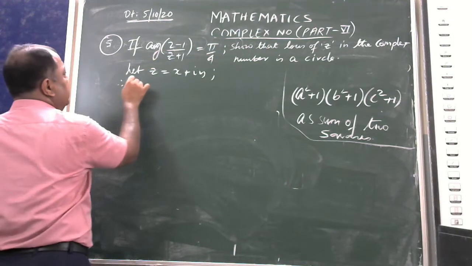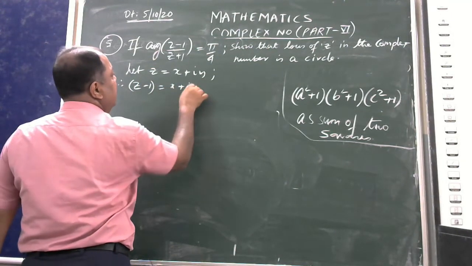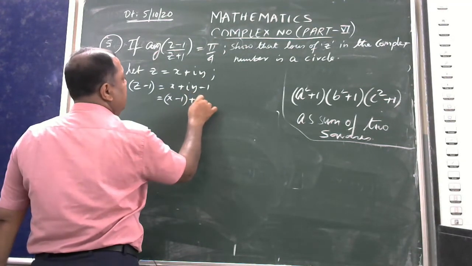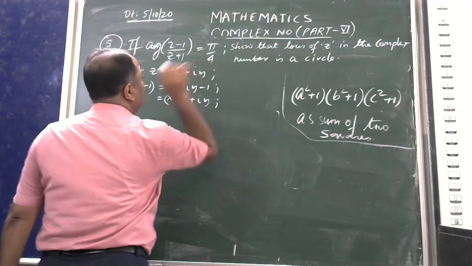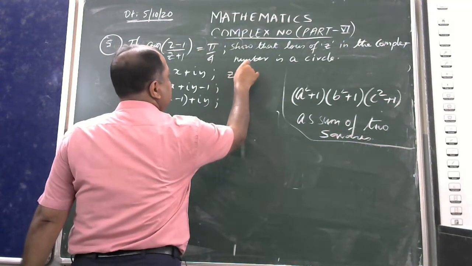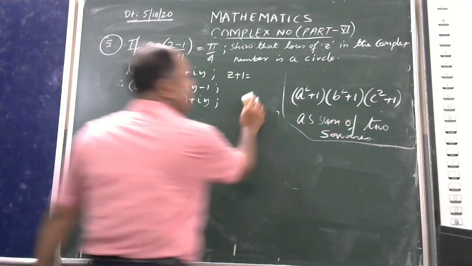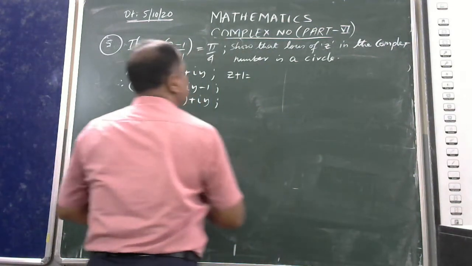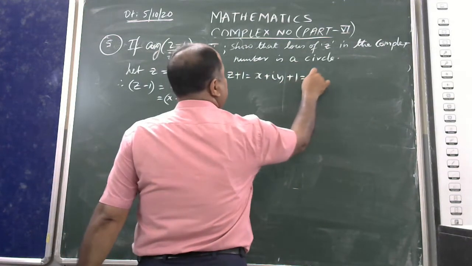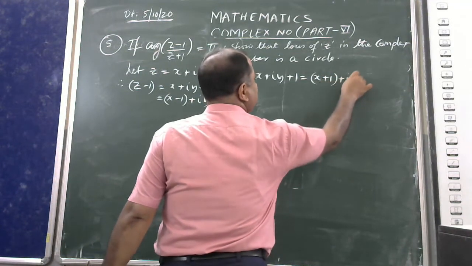Therefore, z minus 1 is x plus iy minus 1, which is x minus 1 plus iy. And similarly, z plus 1 is x plus iy plus 1, that is x plus 1 plus iy.